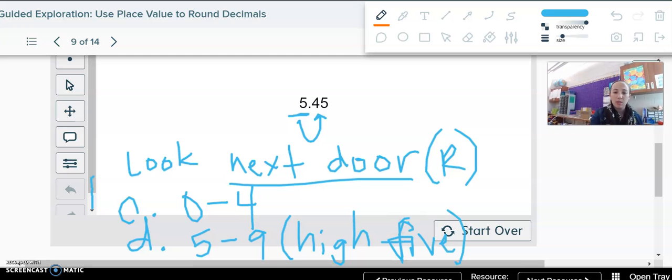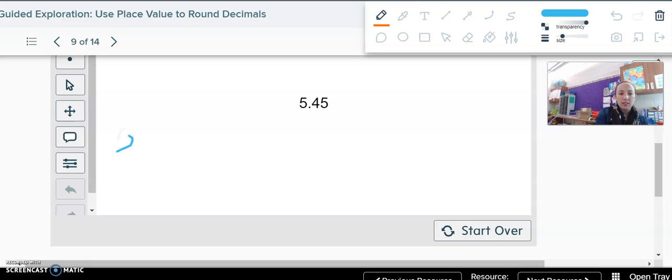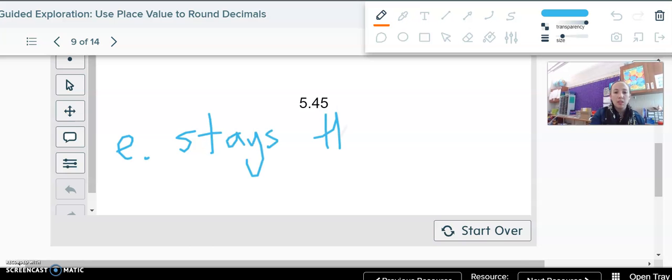Sorry, that's an F. High 5. And so that reminds you to go high if it's 5 or more. And then for E, if you need to write that down, go ahead. I'm going to erase it so I can add the next step. So E, everything in front stays the same.